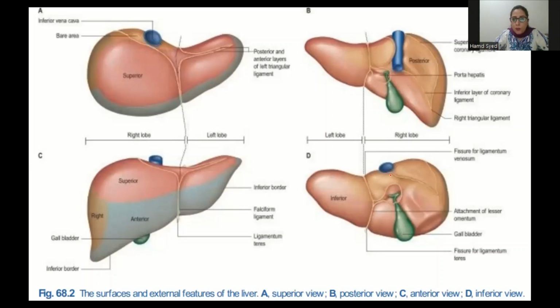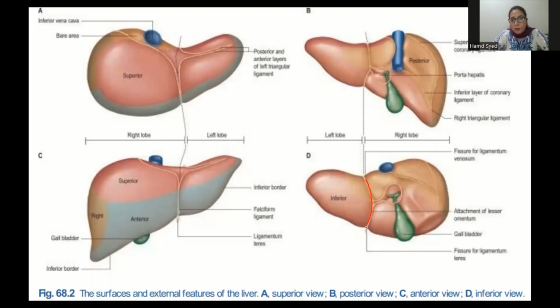I'm going to draw an H on the inferior surface of the liver. This limb of the H represents the ligamentum teres fissure and the fissure for ligamentum venosum. We will be talking about them in detail in the further slides, but right now I just want to highlight this area so we can understand the anatomy of the liver.